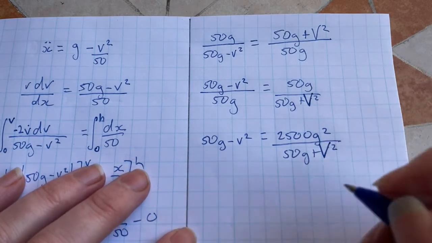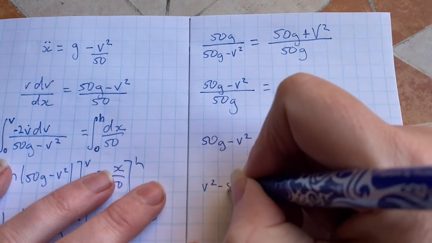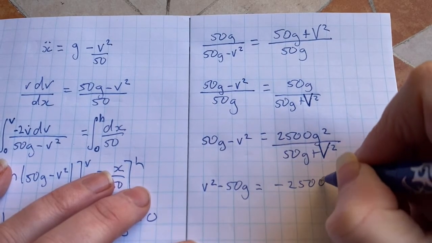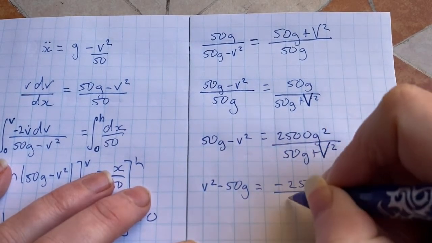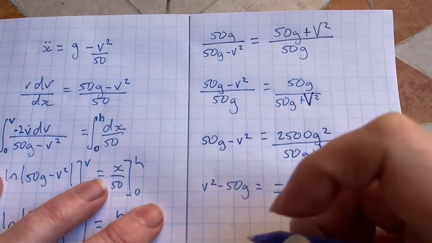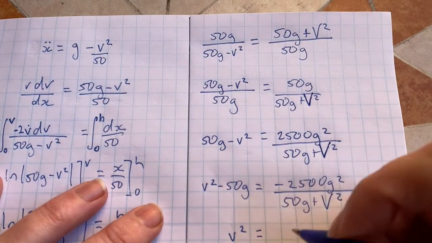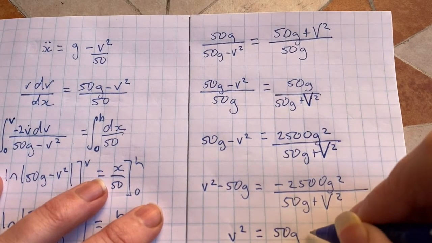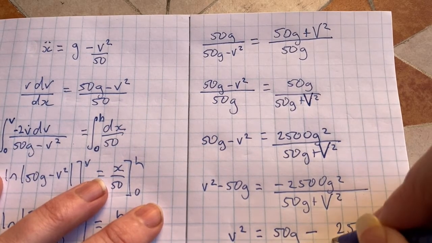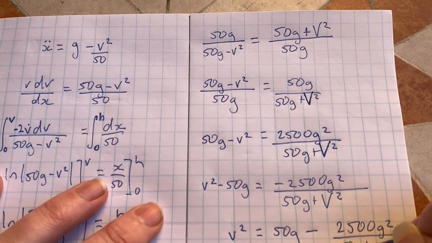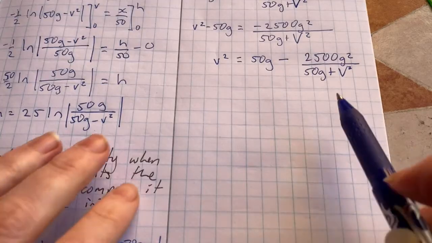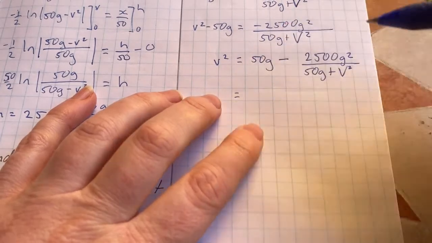Now let's take the negative of each side, so v squared minus 50g is equal to negative 2500g squared over 50g plus capital V squared. Adding that 50g, v squared is equal to 50g minus 2500g squared over 50g plus capital V squared. Okay, let's just join that into one fraction.